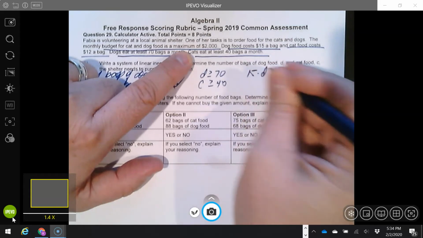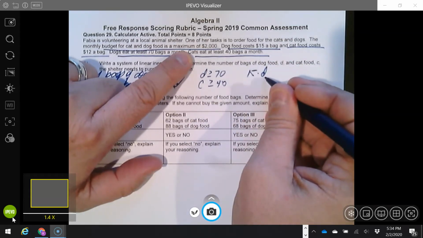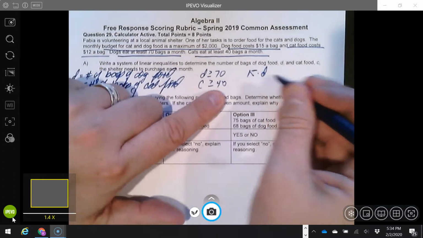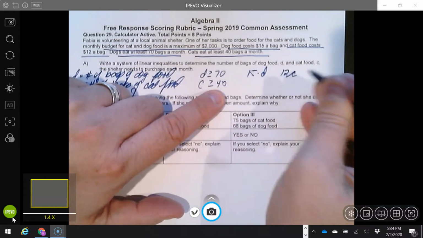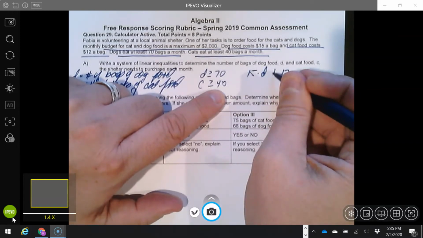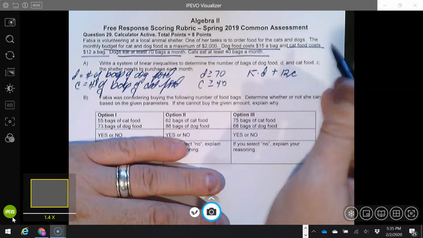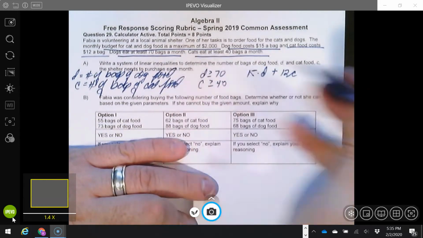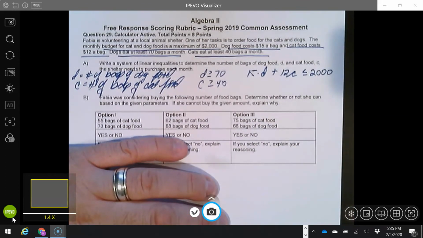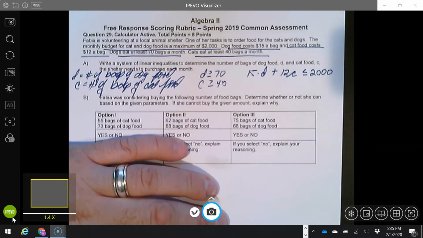So 15D would represent in total how much I spend on dog food. Cat food is $12 a bag. So 12C is how much I spend on cat food. If I add the two of them together, it has to be a maximum of $2,000. So I've got to be less than or equal to $2,000.